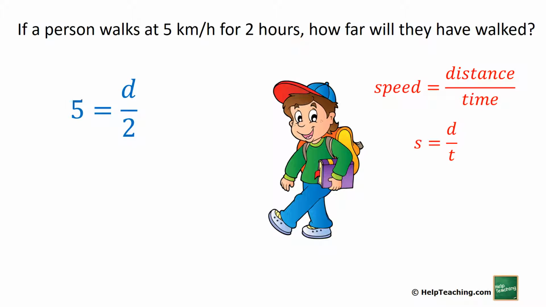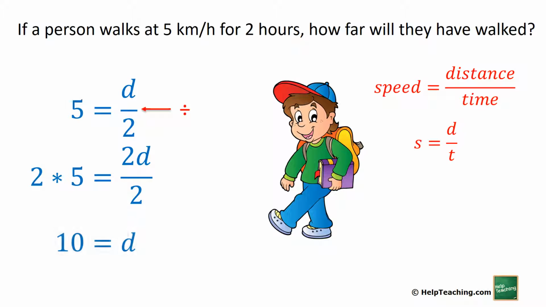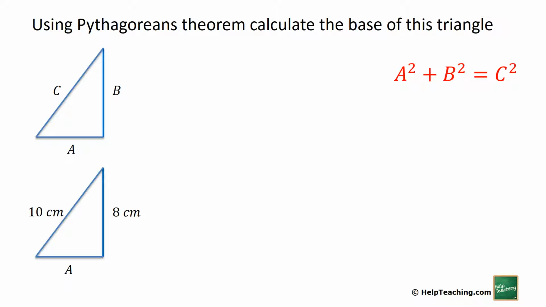Now if we want to solve for our distance, right now the distance is attached to the 2 by a division. That means that we need to multiply both sides by 2. And we get 2 times 5 is equal to 2 times d over 2. Now 2 over 2 is just 1, so it cancels out, and we get 10 is equal to d. They will have walked 10 kilometers.